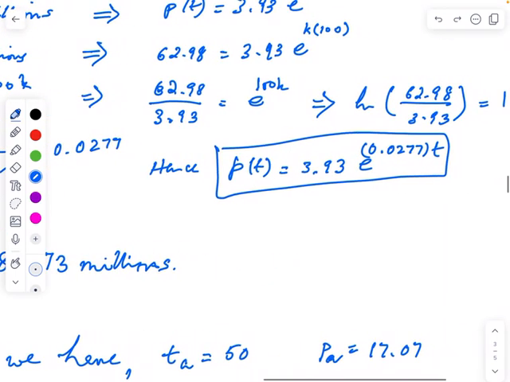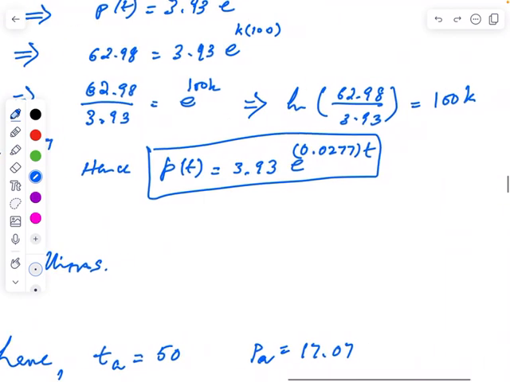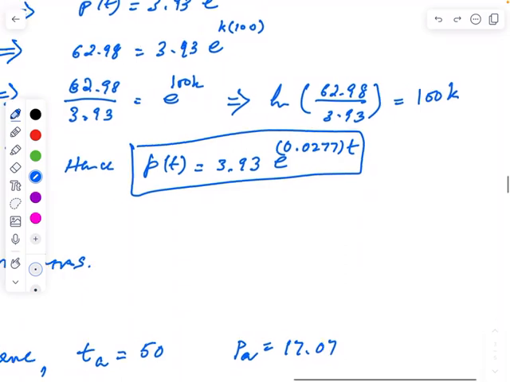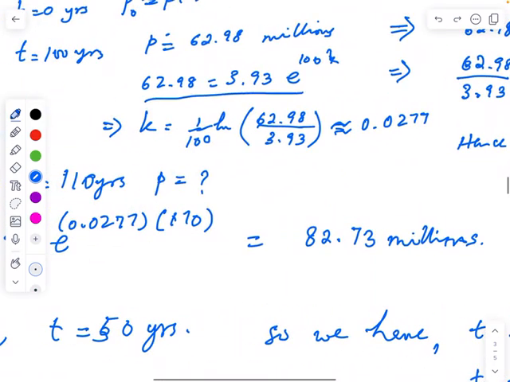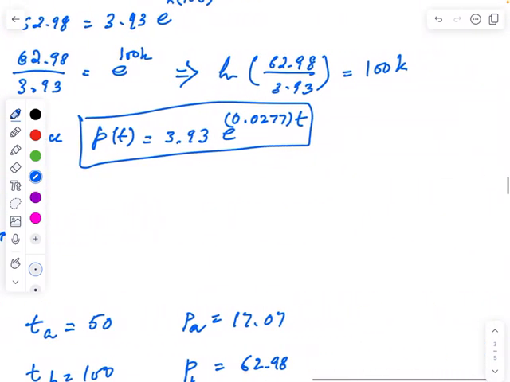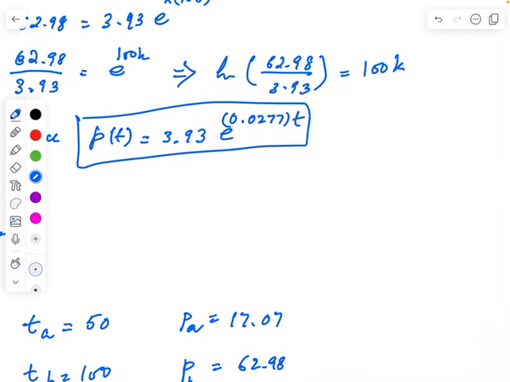Now we have to convert this into logarithmic form, so we get ln of the quantity on the left equals 100k. I hope you know how to get there. Now k will be equal to 1 over 100 times ln of this quantity, which gives you a value of about 0.0277. So we plug it into the function, and that is our model, our function in terms of t.